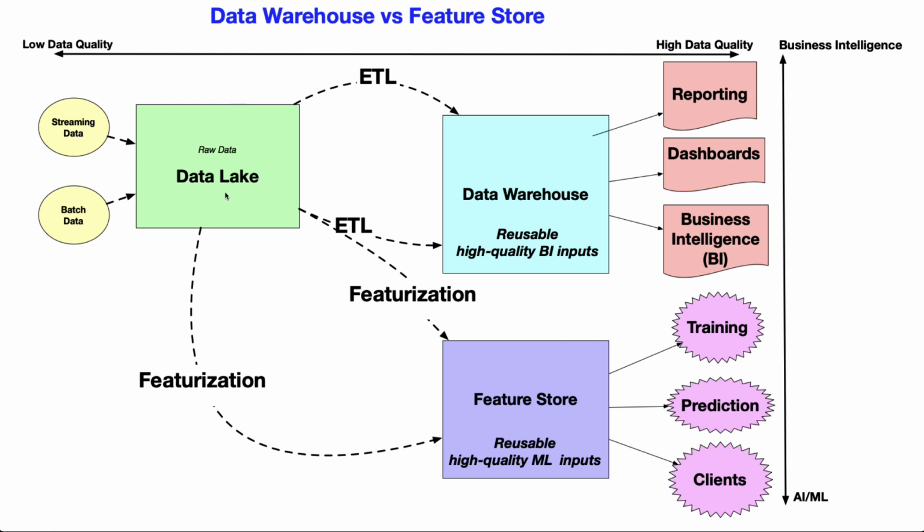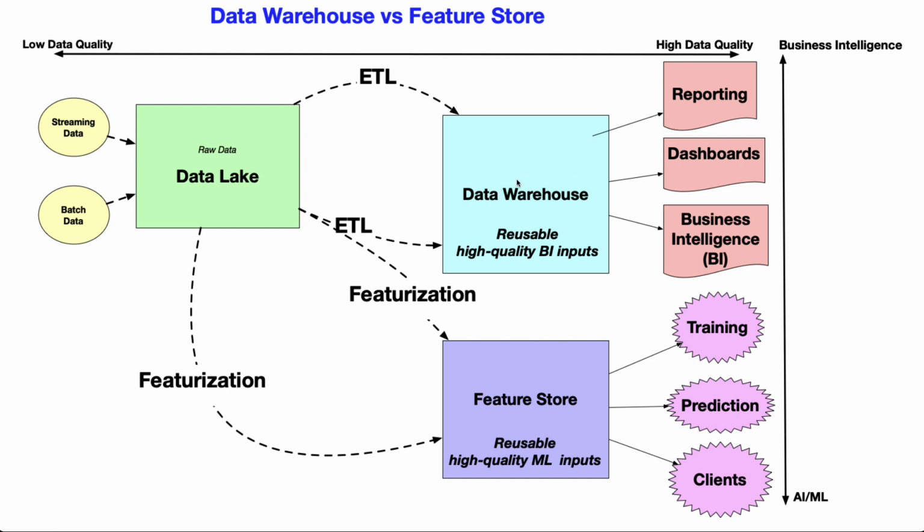In a data lake, which is something like Amazon S3, you could have the streaming data and the batch data, and you move this through an ETL pipeline into a data warehouse. So again, this is a high level, business intelligence type tool.